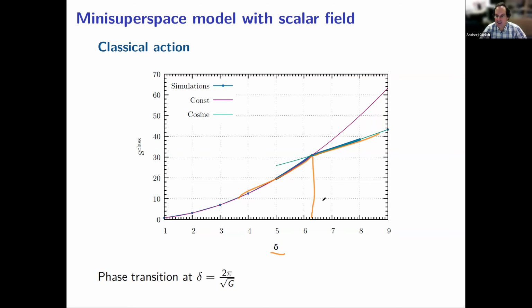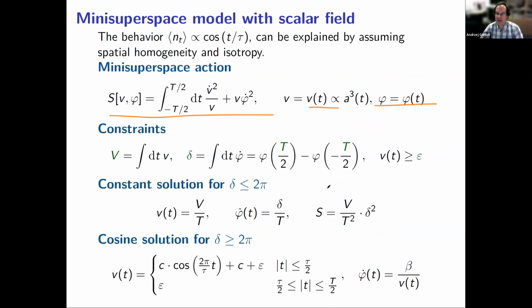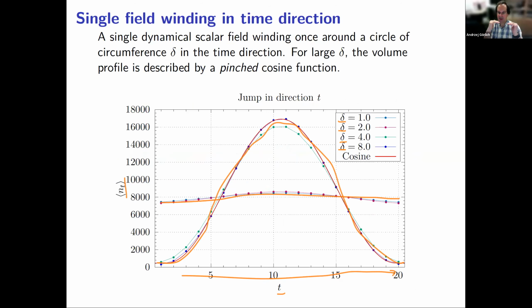And this explains why we have this jump from a constant solution, which is the same as without any fields, for small delta, to a cosine solution for large enough delta. So depending on the circumference of the target space, we get different behaviors.